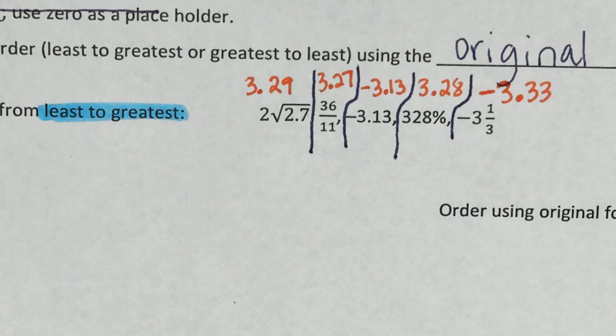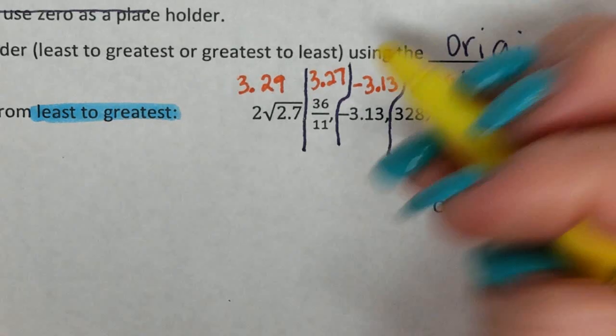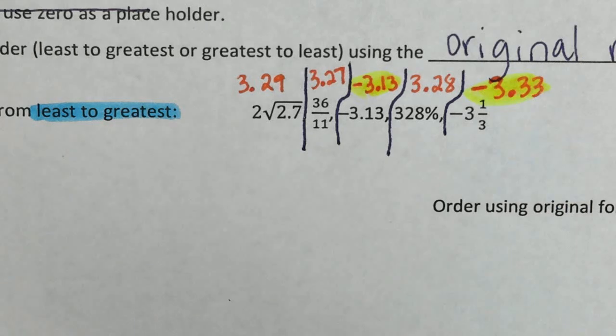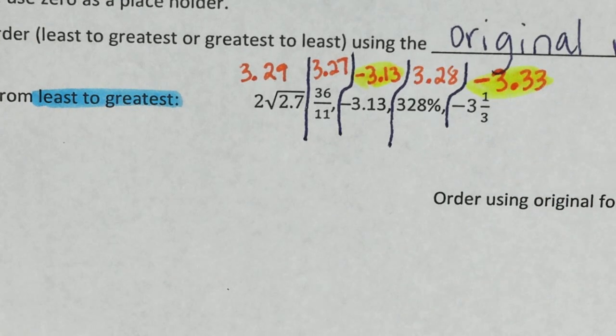Okay? So out of these two negatives, I'm going to highlight them so y'all can see them. Out of this negative and this negative, which one of those would you owe more money? Let's re-say it. The more money I owe, the less I have.